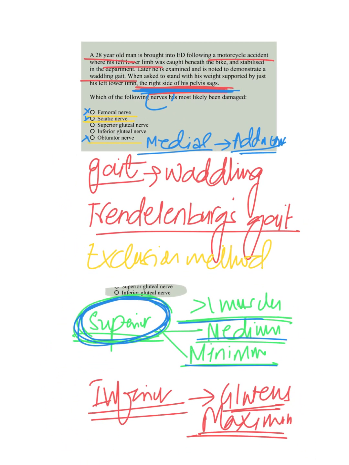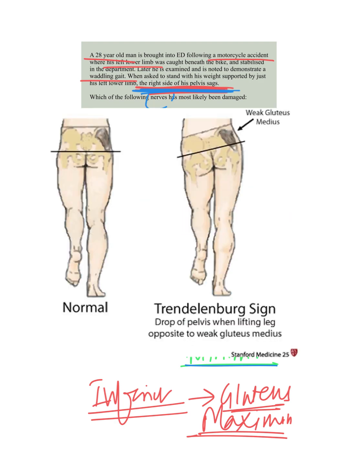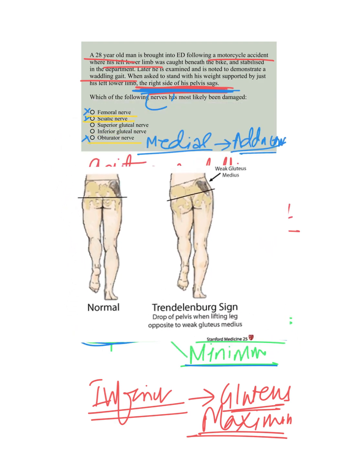But if you actually want to know what happened here, they're actually talking about Trendelenburg gait. So it's a specific kind of gait. Here we can see Trendelenburg gait.